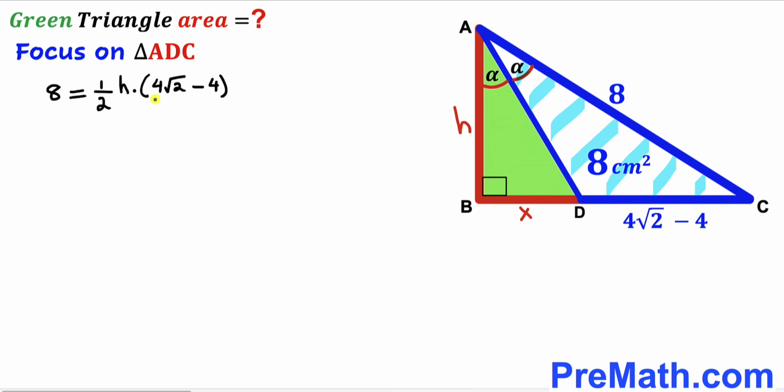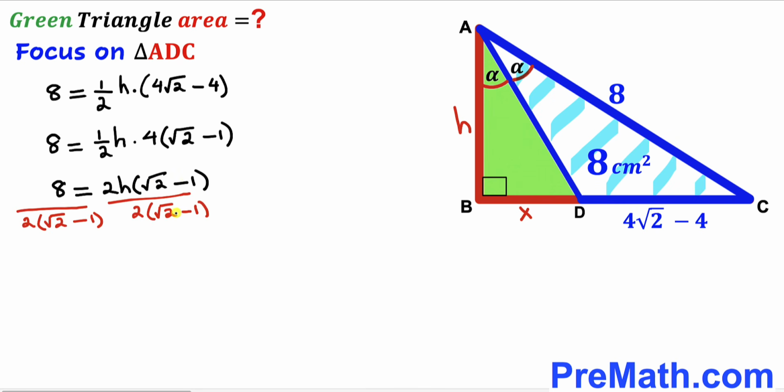Here we can see 4 is in common, so I can write this as 4 times square root of 2 minus 1, as you can see in this next step. Here we have 1 divided by 2 and 4. When we multiply them, that is going to give us simply 2. So we end up with 8 equals 2 times h times the square root of 2 minus 1.